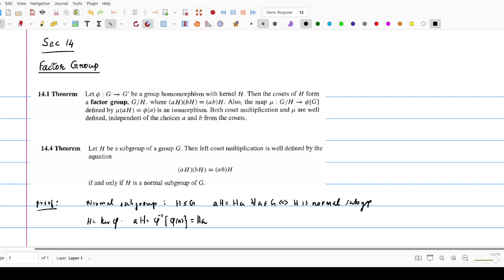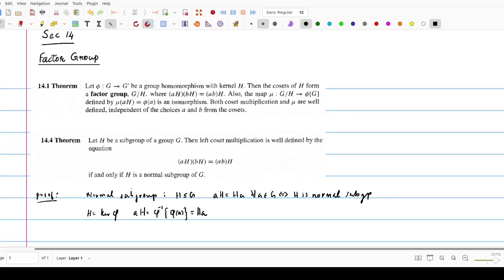So this kernel has the property aH bH equal to abH as a well-defined operation on the set of all distinct left cosets of the kernel. Once we observe this theorem, we can easily conclude that 14.1 holds, because 14.1 states the properties of the kernel of the homomorphism.